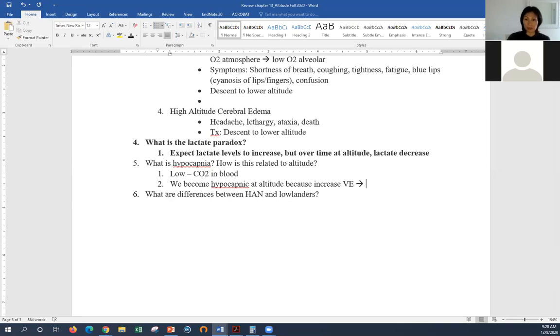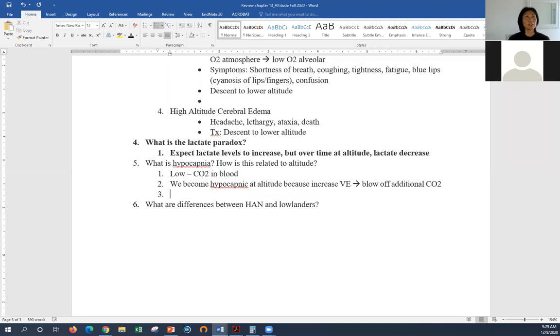As we increase our ventilation, we're blowing off additional CO2. And this blowing off of additional CO2 is what's causing the hypocapnia.